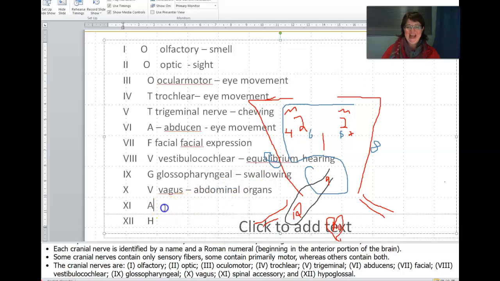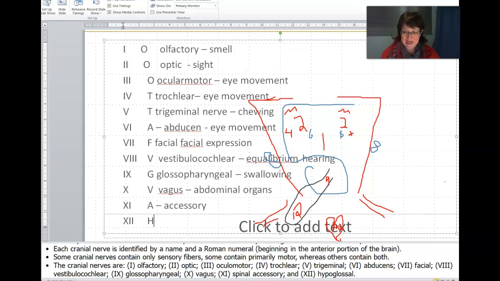There we go. Now, number 11 is on the shoulders, and you put your purse on the shoulders, and your purse is an accessory. Now, this textbook calls it your spinal accessory. This is the first time I've ever heard it called a spinal accessory. I just knew it as the accessory. And then 12 is on the tip of your tongue.